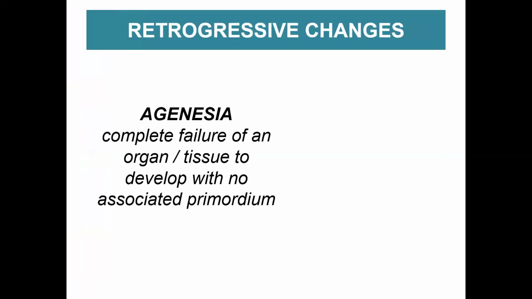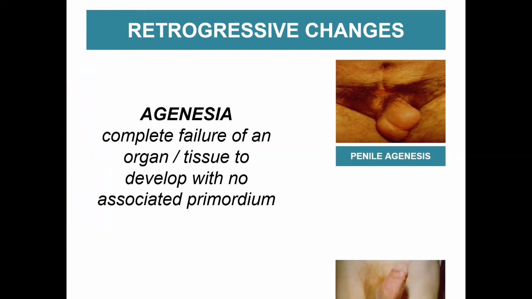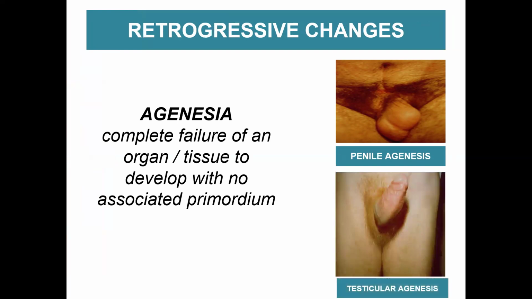Another is agenesis. This is a complete failure of an organ or tissue to develop with no associated primordium. So this is penile agenesis. There is a scrotum, however, no penis. This is your testicular agenesis.